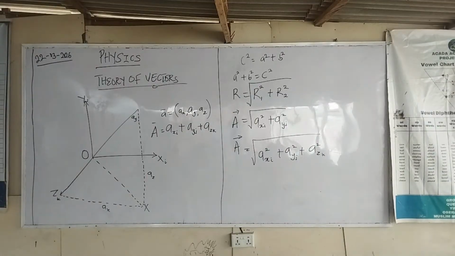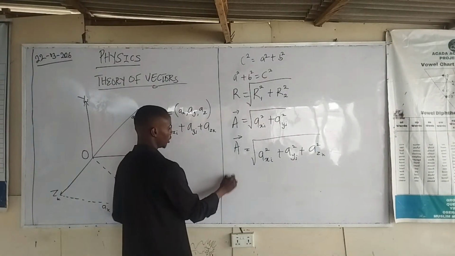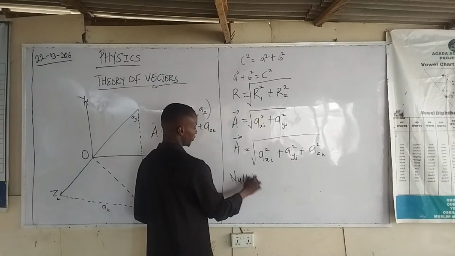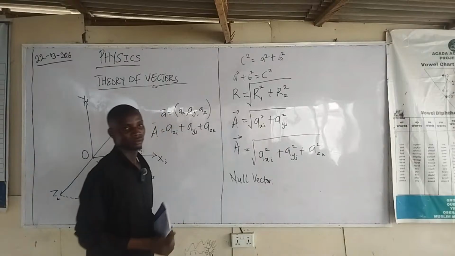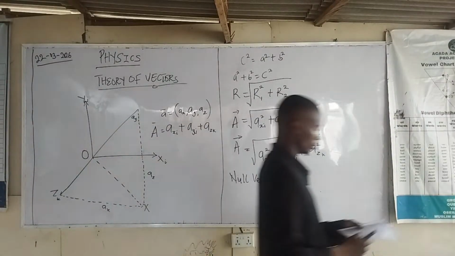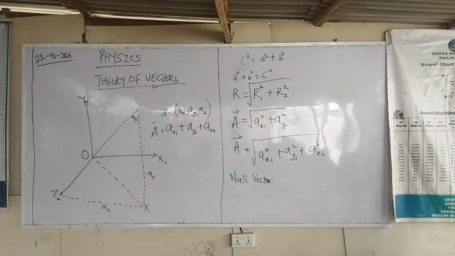The first one we'll be talking about is null vector. What do you understand by the word null? No vector. So put this down.